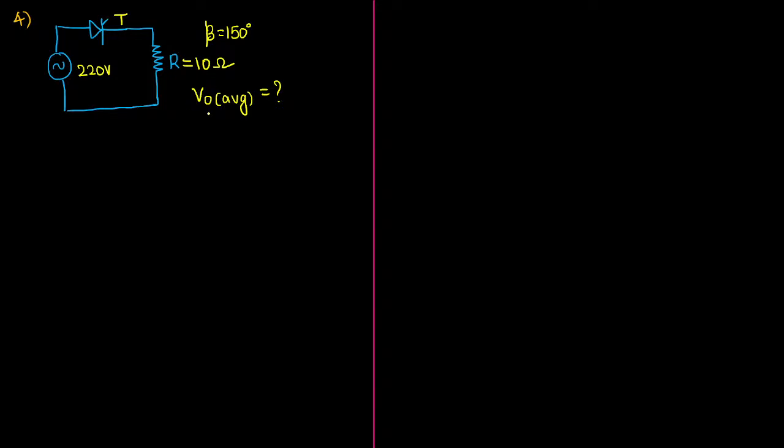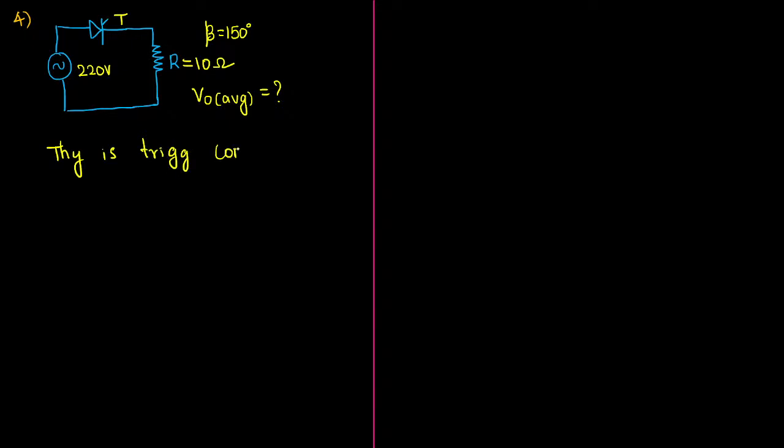See guys, listen. A single phase half wave rectifier feeds a resistive load of 10 ohm, as shown in the figure, and the thyristor is triggered. Mark this word. The thyristor is triggered by a constant DC signal.